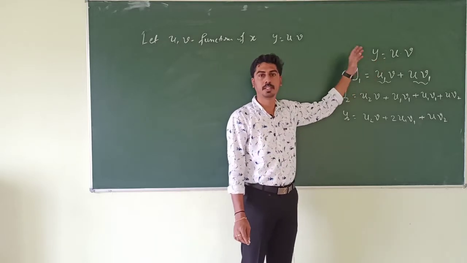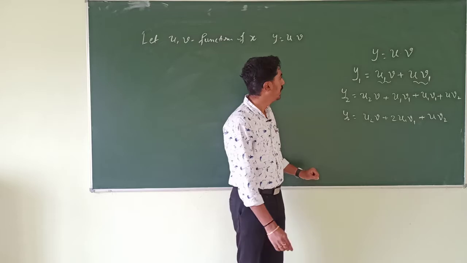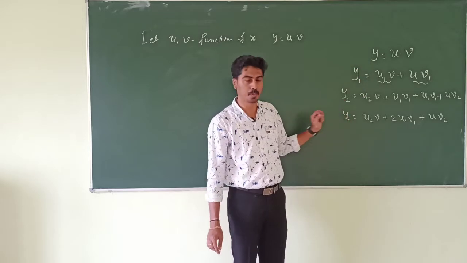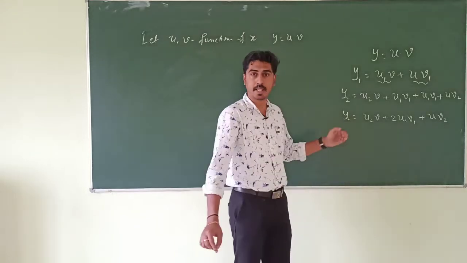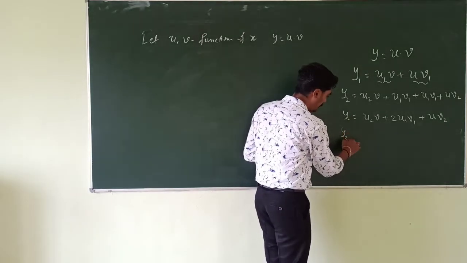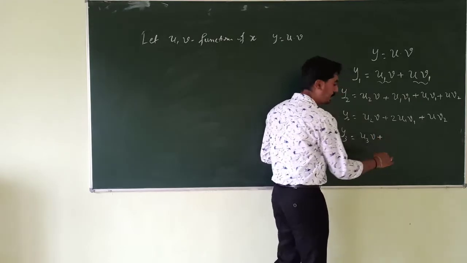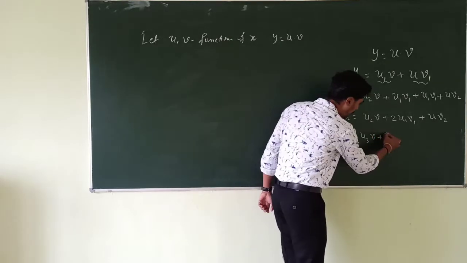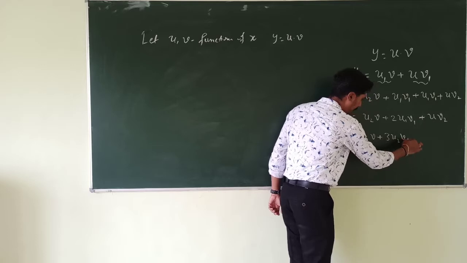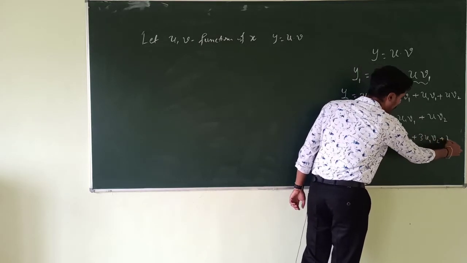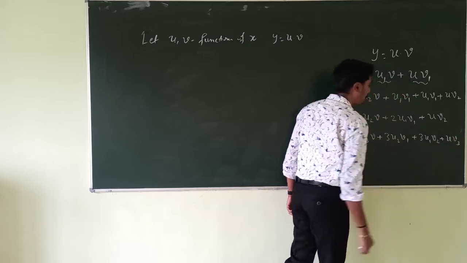Okay, so here we have the first derivative. This is the product. Here I can take n equal to 0, here n equal to 1, n equal to 2. Similarly, if I differentiate again, I get y3 is equal to u3v plus 3u2v1 plus 3u1v2 plus uv3.